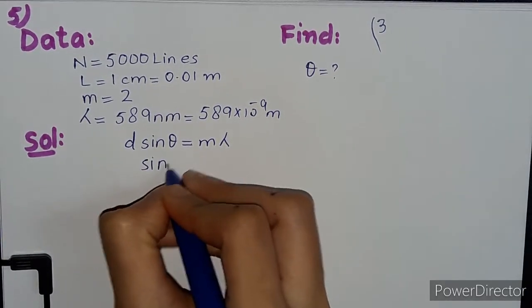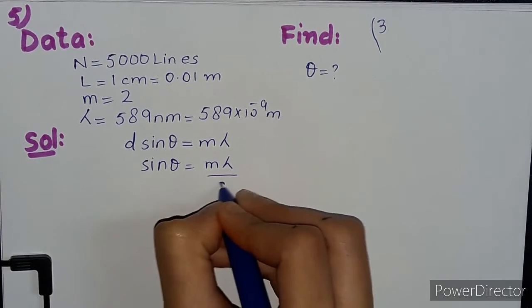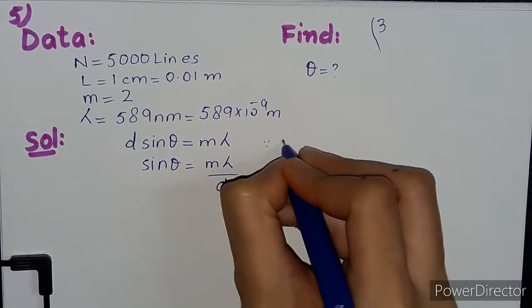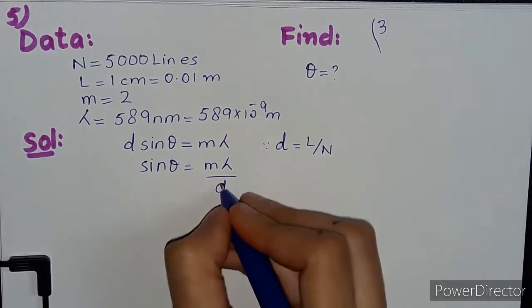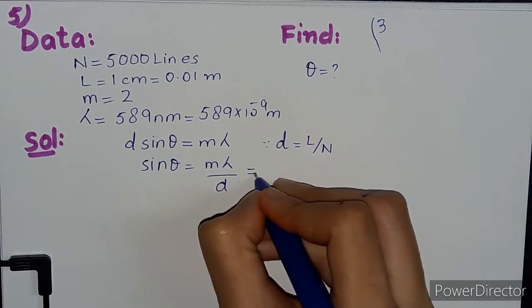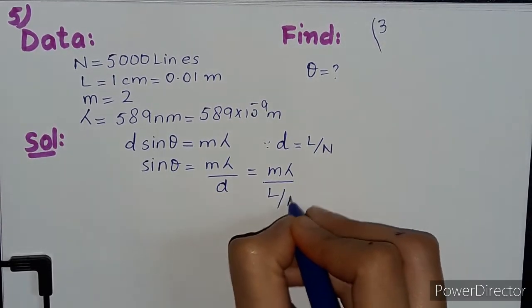is equal to mλ. So sin theta is equal to mλ divided by d, and d is equal to L divided by n. So in place of d we can put L divided by n.